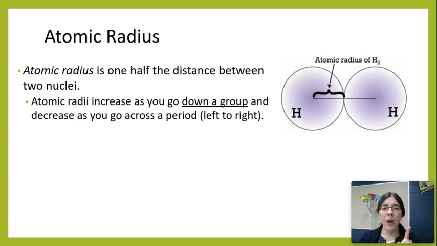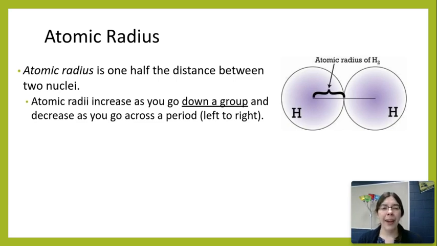And then we measure from one nucleus to the next nucleus. The reason why we use the nuclei for our measuring is that that's a very dense part of the atom, so it's easier to detect than the electron cloud edge. So we measure from one nucleus to the next. We take that distance divided by 2, and that tells us the radius or the size of an atom.